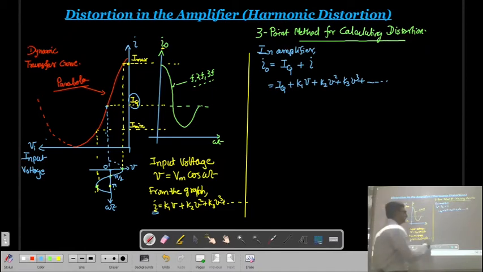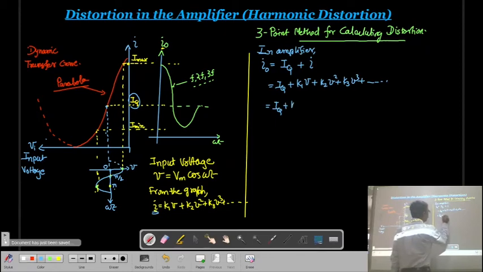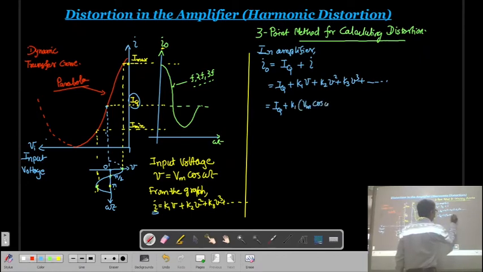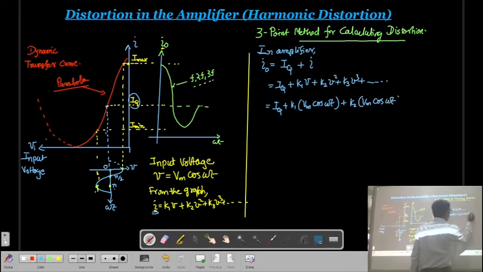Now we substitute the value of V. So IQ plus K1 into Vm cos omega t, plus K2 into Vm cos omega t whole square.